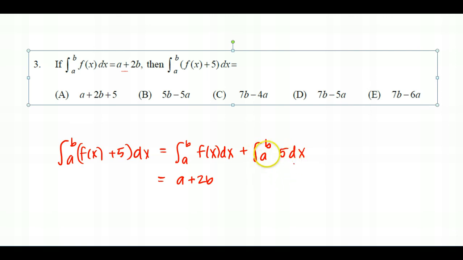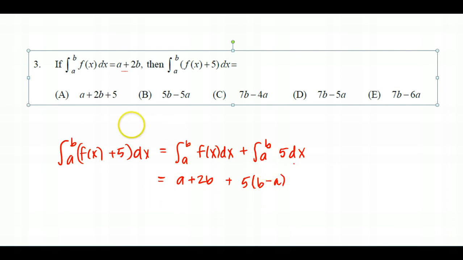The property was that if I take the integral from a to b of some constant dx, well, we're really just finding the area of a rectangle. The width of the rectangle was b minus a, and the height is the constant, which here is 5. So the first integral, a plus 2b, was given. The second one I had to solve using my properties of definite integrals.